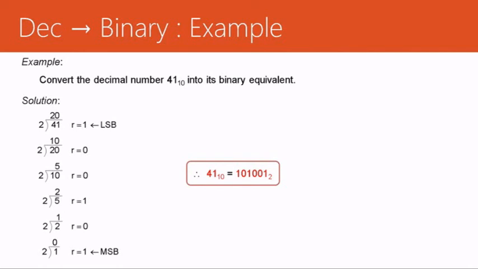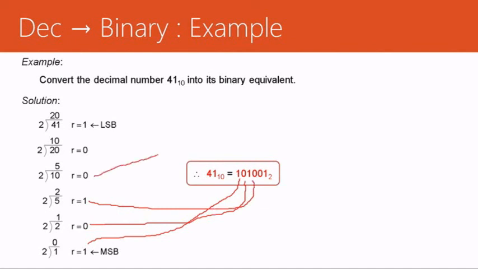Okay, so this one will be our most significant bit. Again, our most significant bit is the leftmost bit. So this one is our leftmost bit, followed by 0, followed by 1, followed by 0, followed by 0 here.